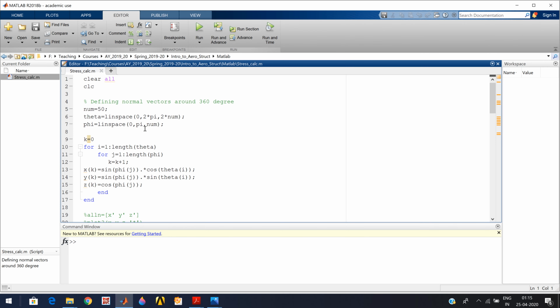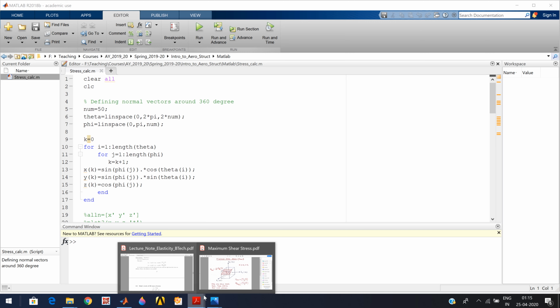Maybe there is some change of theta and phi because phi is going from 0 to pi, and theta is going from 0 to 2 pi. Yeah, that's fine. I think it's following this.